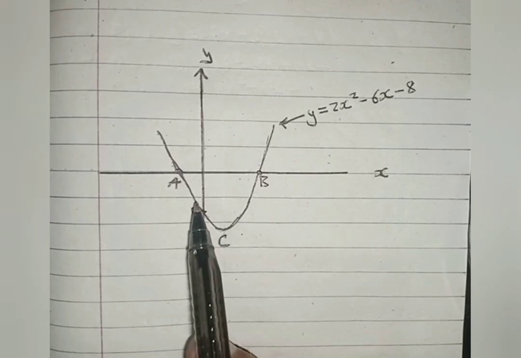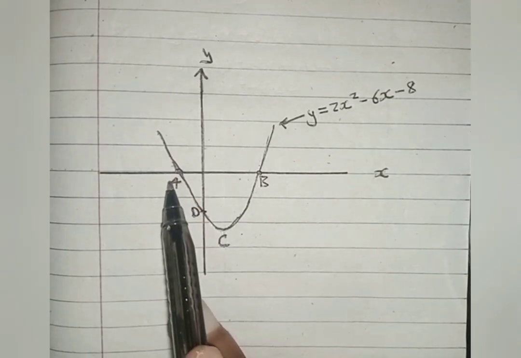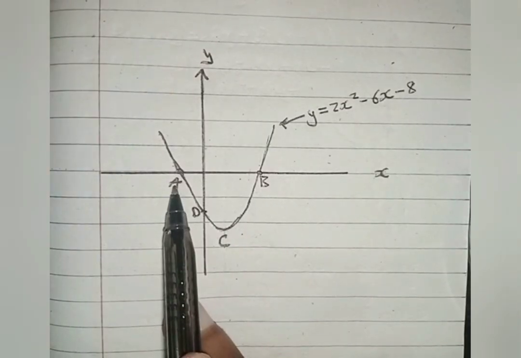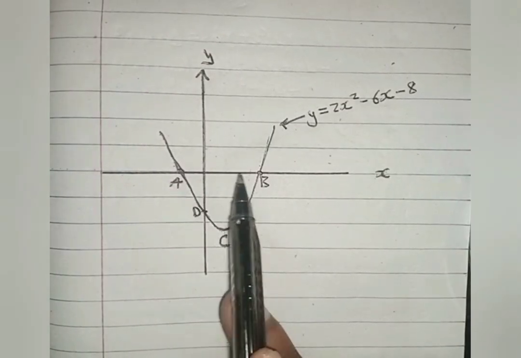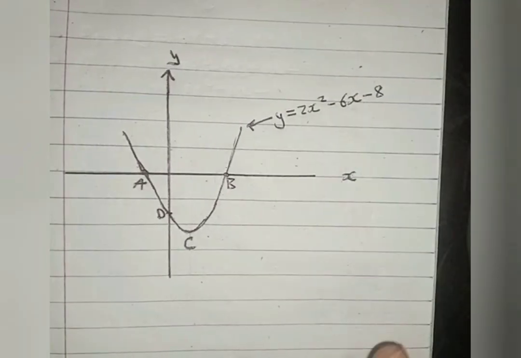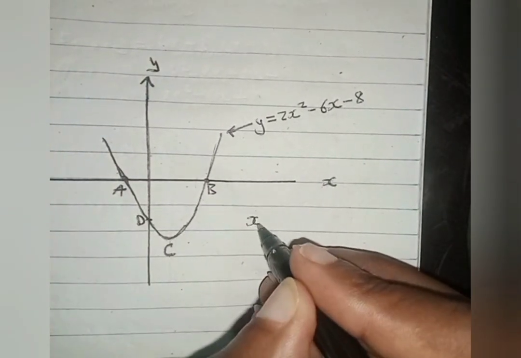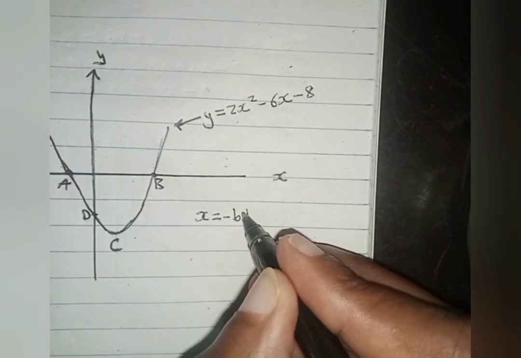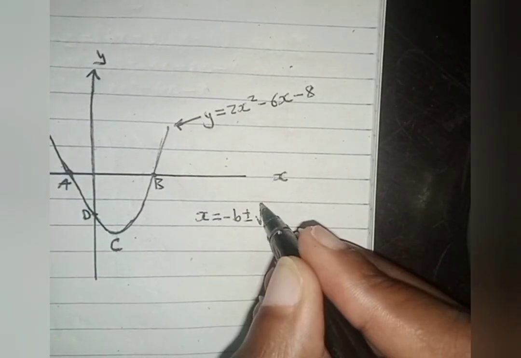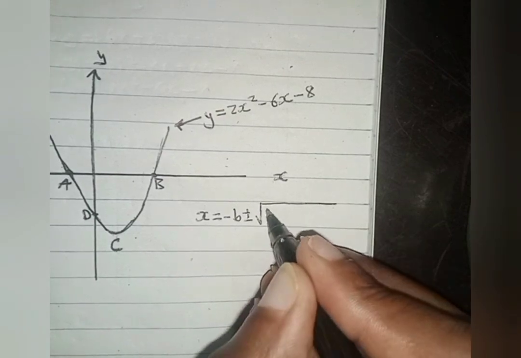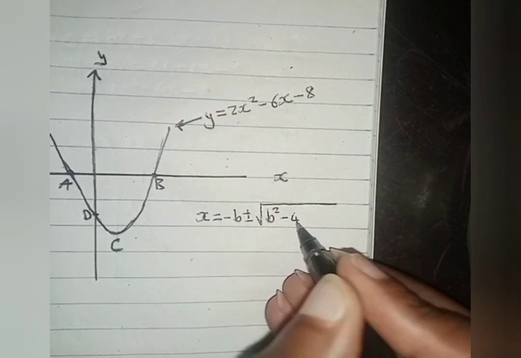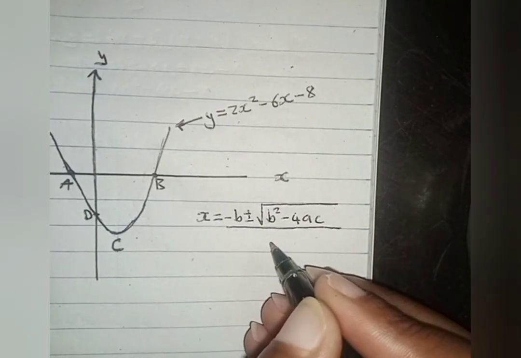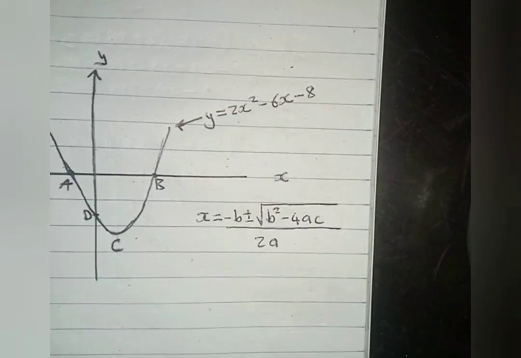Now let us find the coordinates for these different points. To find the coordinates of point A and point B, we use the formula x is equal to negative b plus or minus square root b squared minus 4ac over 2a, like that.